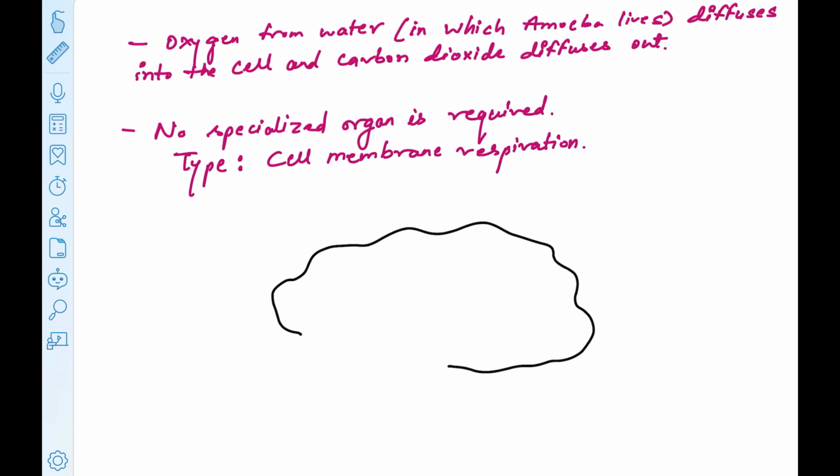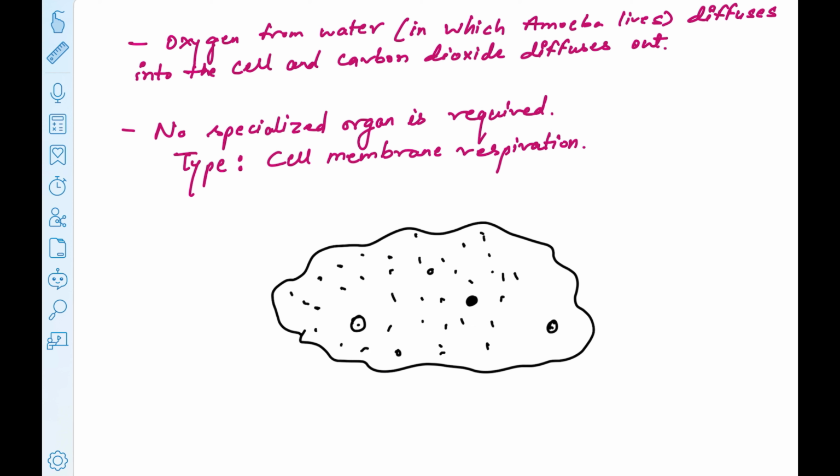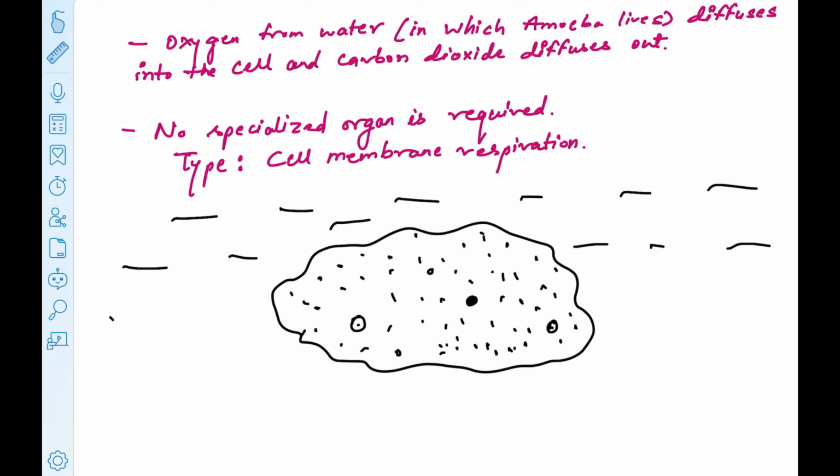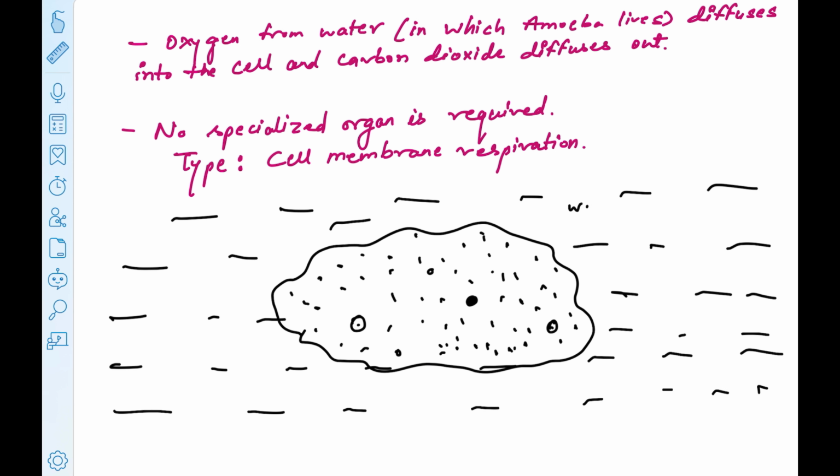We know amoeba lives in water and it has an irregular shape. Let me draw its structure. This is water. This is its cell membrane.